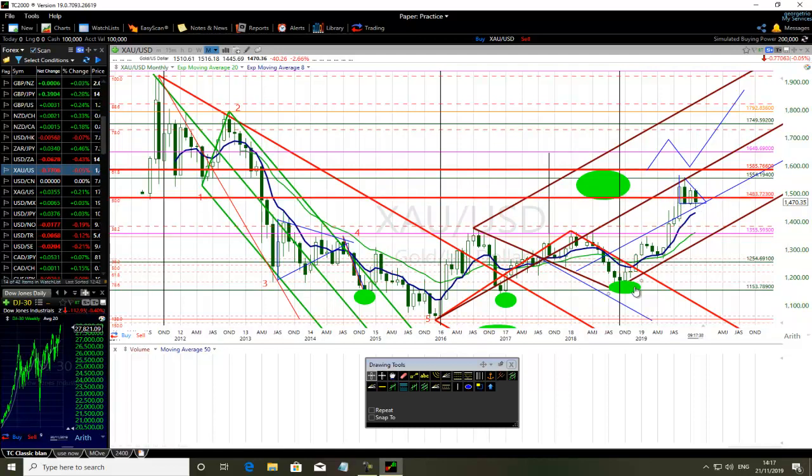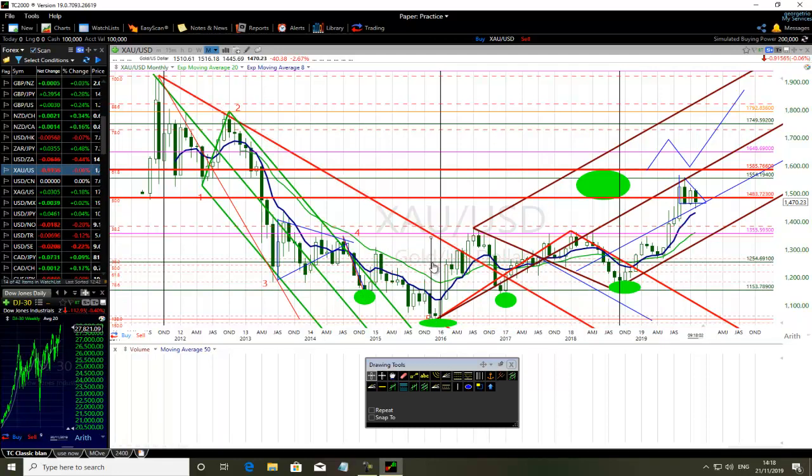It's a tricky place. Now there's something else that I want to show you. When I was drawing the line here, we talked about this inverted head and shoulder chart pattern. This is the left hand side shoulder, this is the right hand side shoulder, and this is the head of the inverted head and shoulder chart pattern.